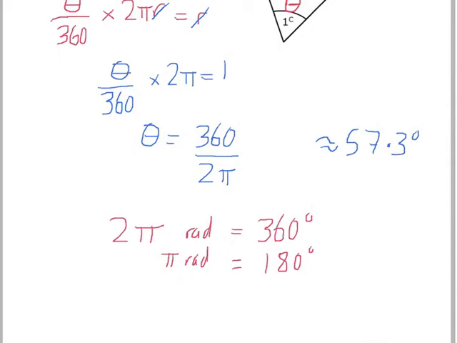On a later video we're going to look at how to convert between radians and degrees, but this video is just to show you what 1 radian is equal to, and to tell you how many radians there are in a complete 360 degree circle.